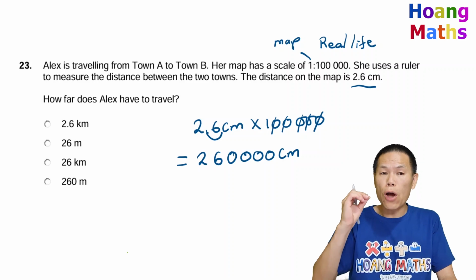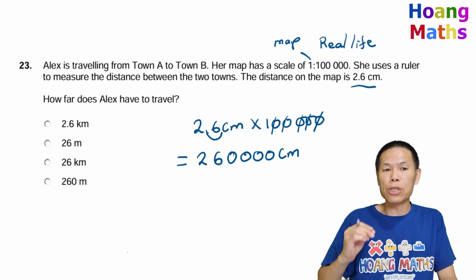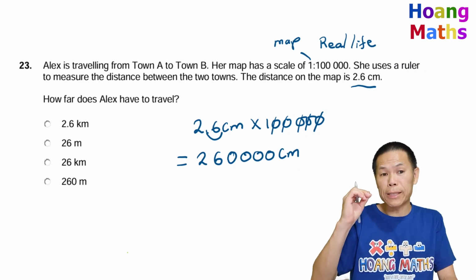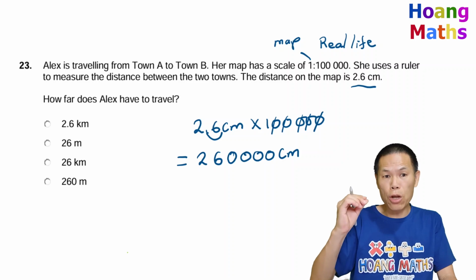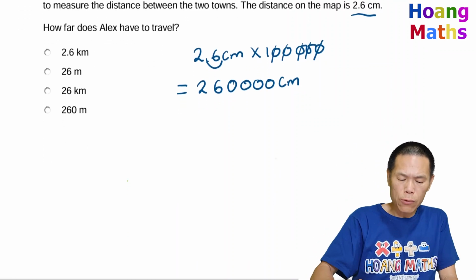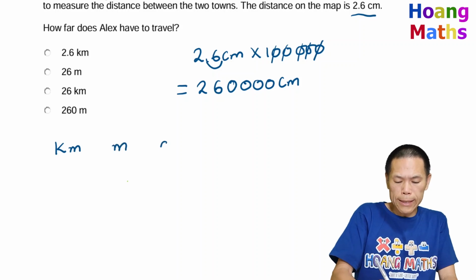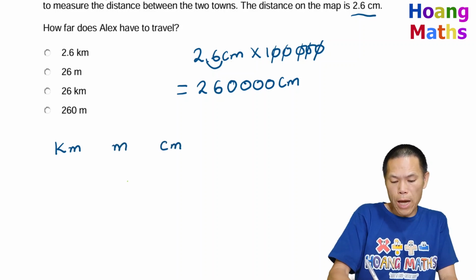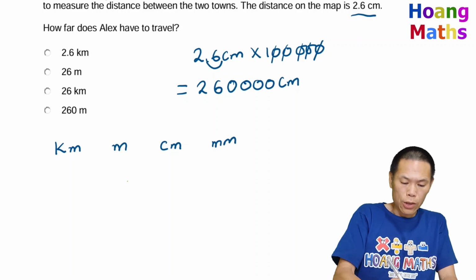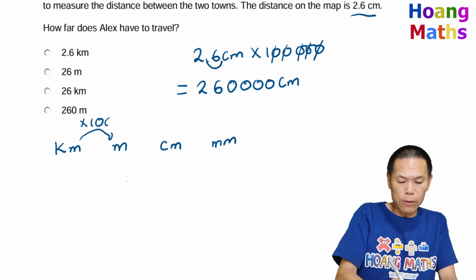But then we need to convert to appropriate units. So we need to convert from centimeters to kilometers. To work this out, we just remember that from kilometers, then to meters, followed by centimeters, followed by millimeters. From kilometers to meters, we times 1,000.